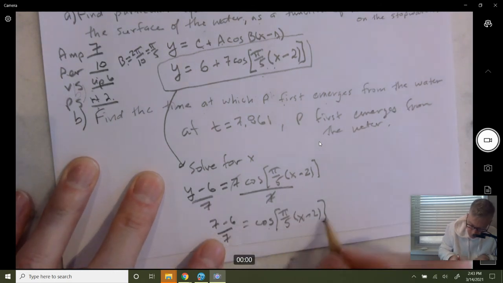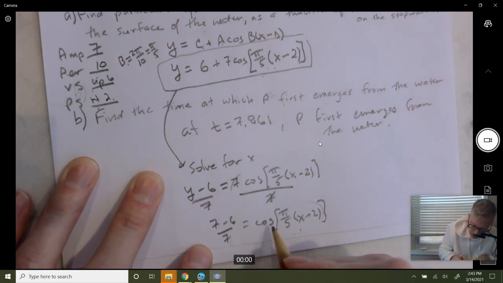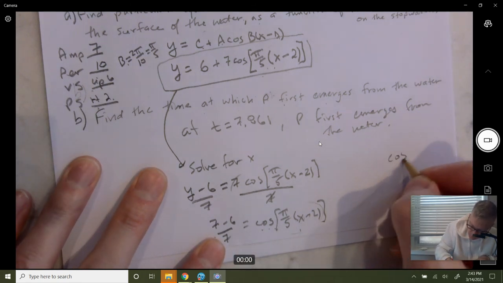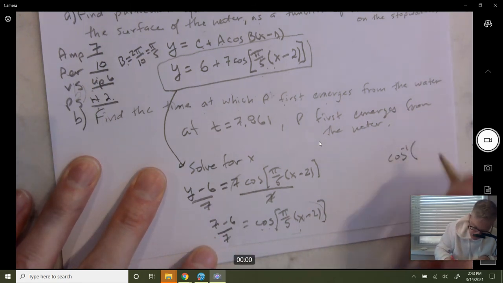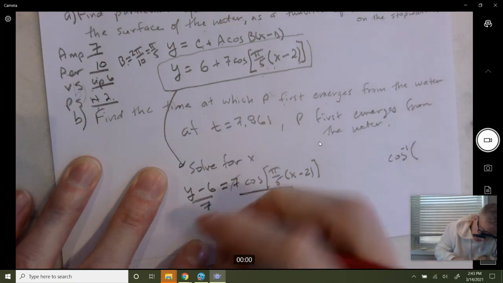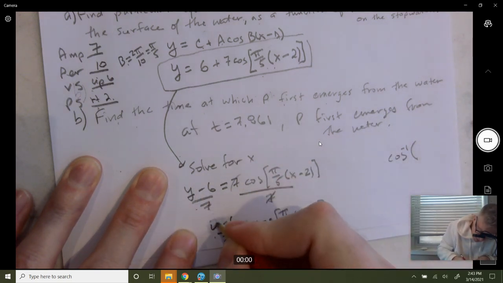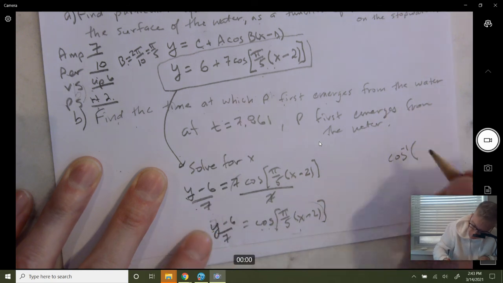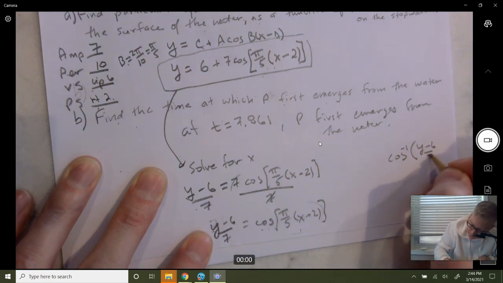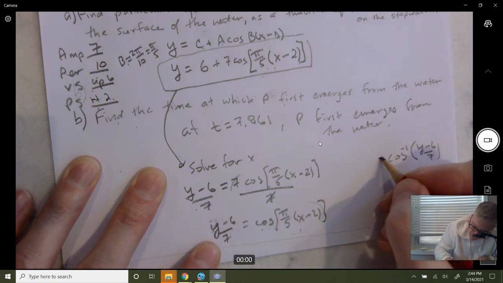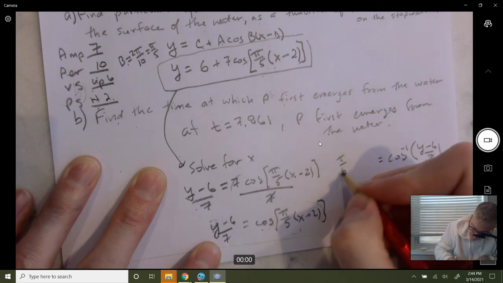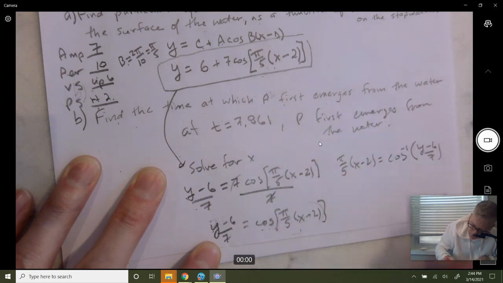Now we're going to turn cosine of this angle into cosine inverse of this ratio. So cosine inverse of, I'm sorry, that's not a 7 there, that should be a y. I just copied that down wrong from up here. y minus 6 over 7 equals pi over 5 times x minus 2.